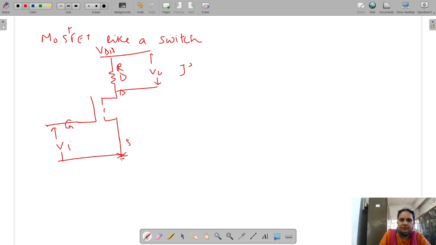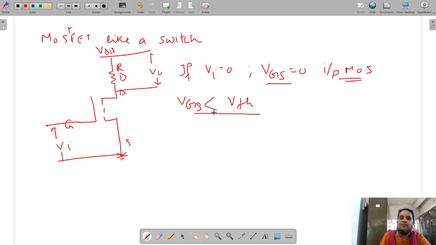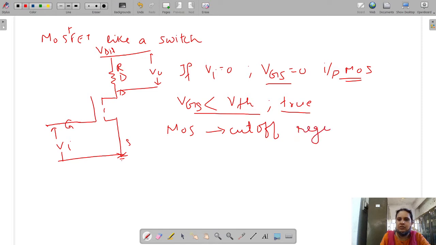If Vi is 0, it means that VGS is also 0. What is this VGS? It is the input to the MOS. So VGS is 0, which means that VGS is less than VTH. This condition has now become true. If this condition is true, what happens to the MOS? We have studied from the characteristics that it pushes itself to the cutoff region.